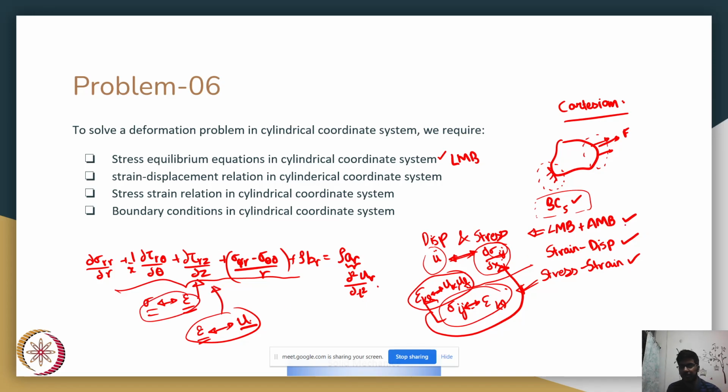So again, these three equations are definitely required, but this problem is still not solvable because it would not give you unique solutions. You only get unique solutions when boundary conditions are provided. So essentially, we are using stress equilibrium equation, stress strain relation, strain displacement relation, as well as boundary conditions. So all four are needed to uniquely solve any problem in any coordinate system.